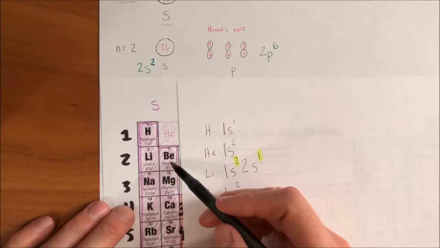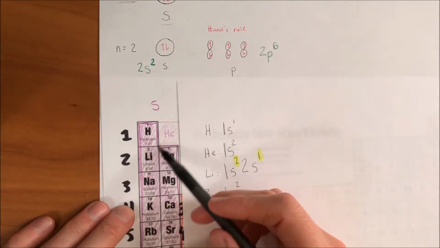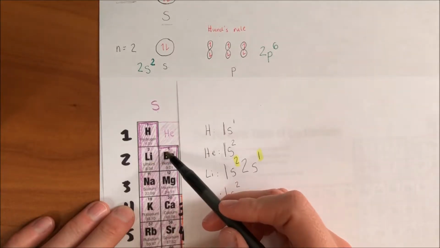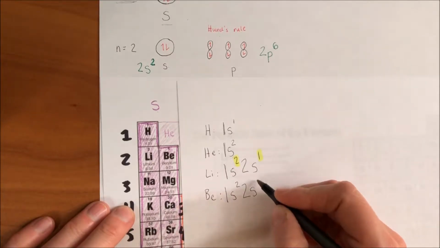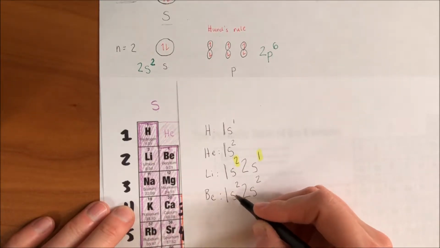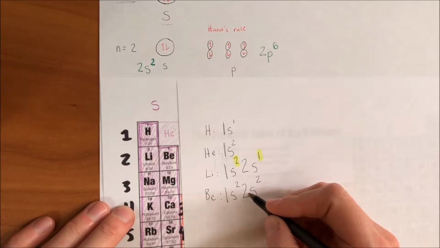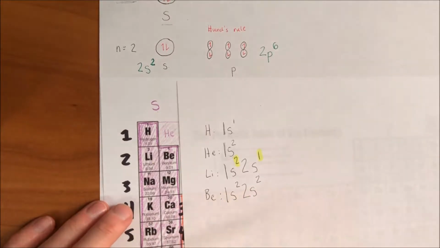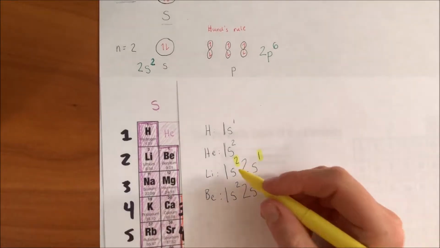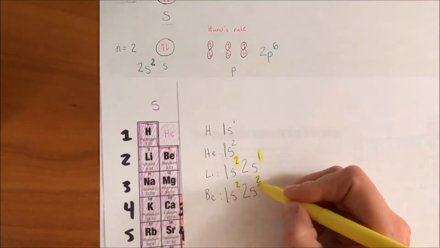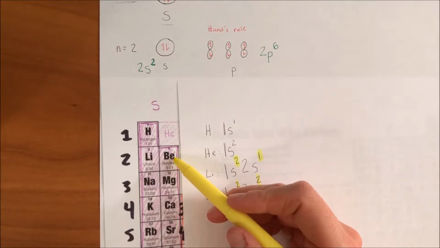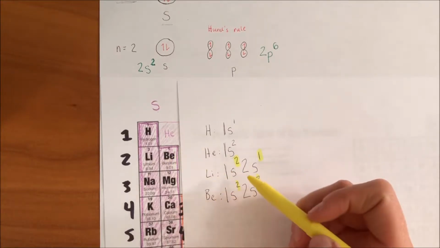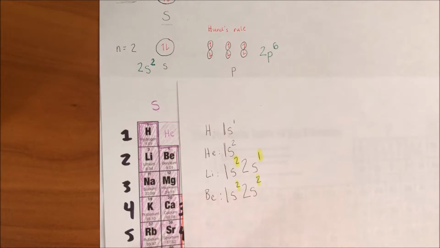Within the 2s subshell, beryllium has 2 electrons. So that will be 1s2, 2s2. And again, note that when I add together these numbers of electrons, they equal the total number of electrons for the atom, which in this case for beryllium is 4.